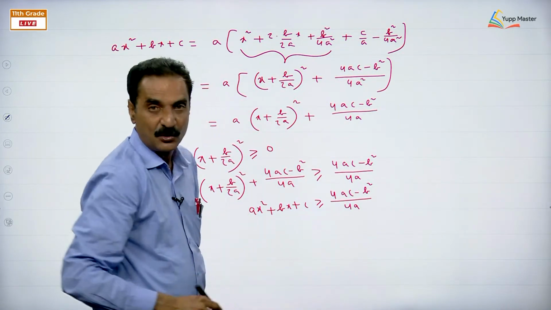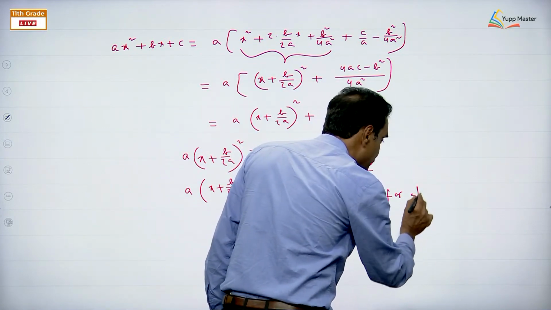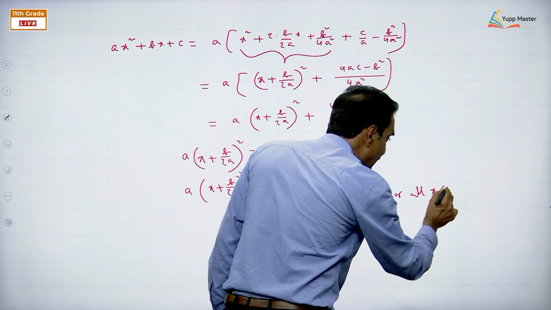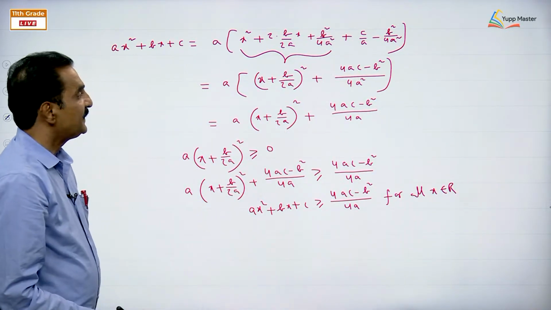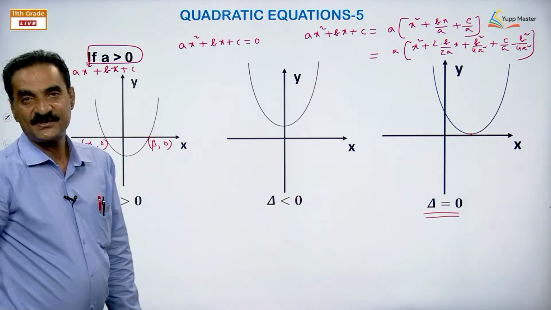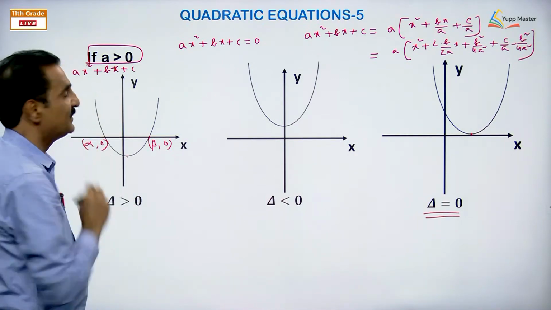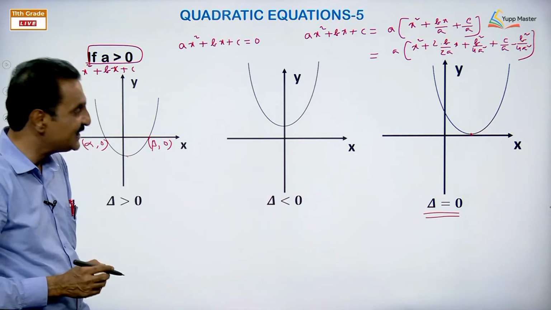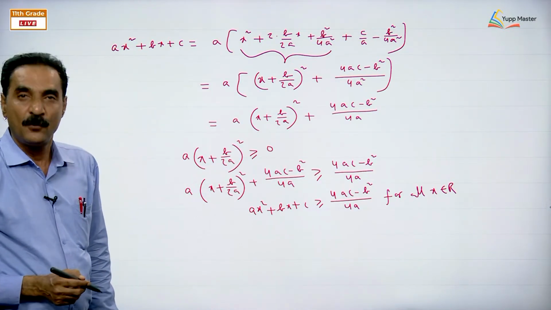This is greater than or equal to this for all real values of x, for all x belongs to R. So, if you take the graphs, in all these three positions, the minimum value of y or the quadratic expression is given by 4ac minus b square by 4a.